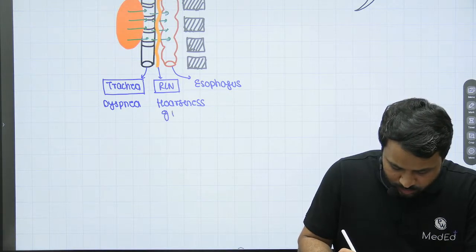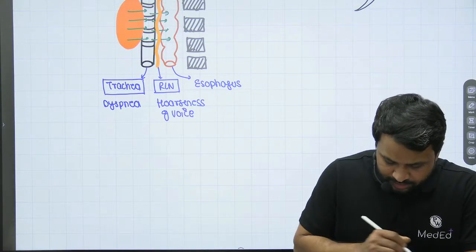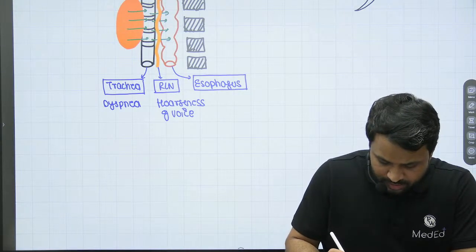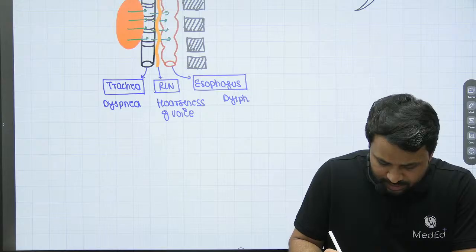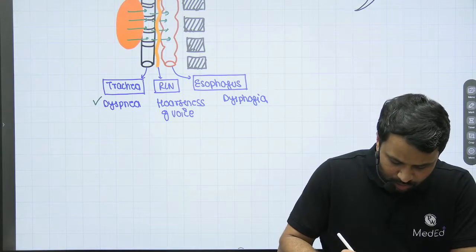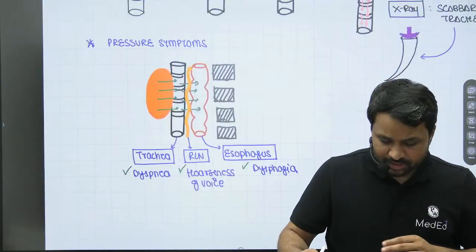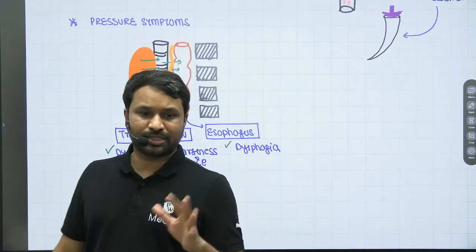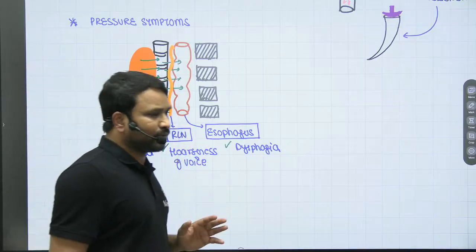And if there is compression of the esophagus, this will result in dysphagia. So you have dyspnea, hoarseness of voice, and dysphagia. These three symptoms put together is what we call pressure symptoms.